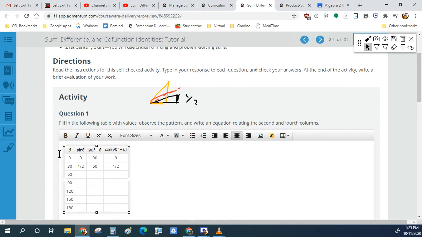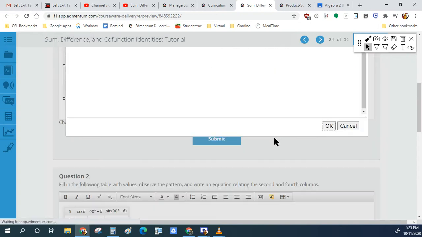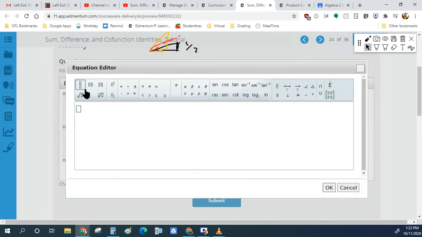So if I say sine at 60 degrees, well, that one's a very long angle. So that's going to be, let me insert my formula here, first let me make it a fraction, the square root of 3 over 2.